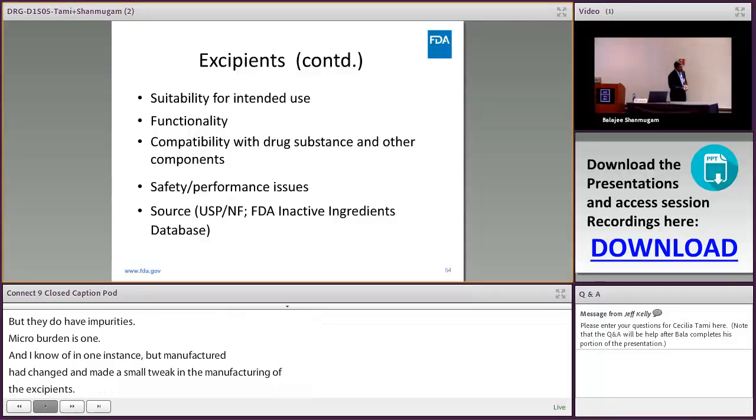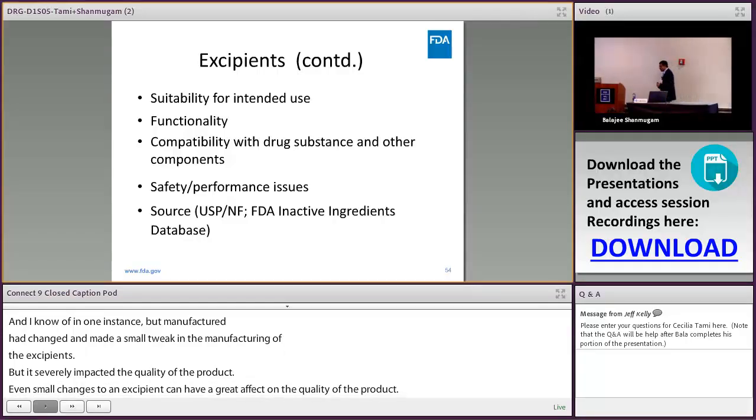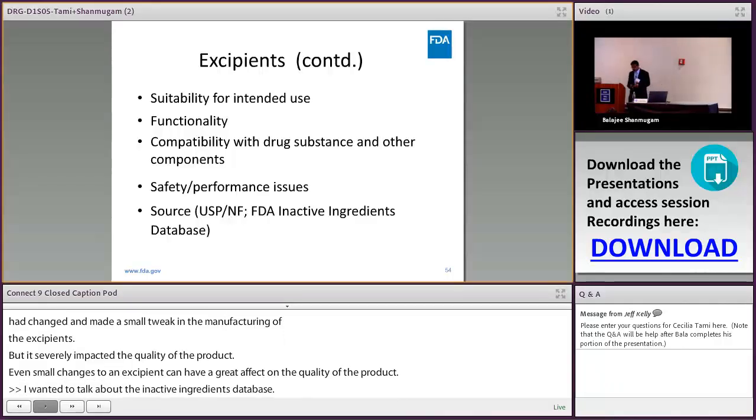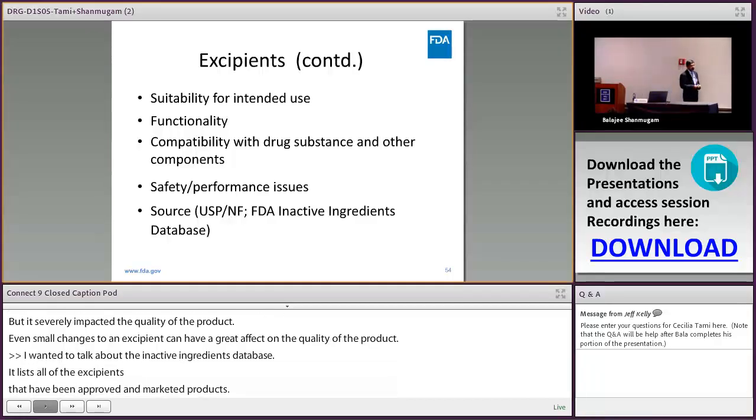One thing I want to point out here is the inactive ingredients database, on the FDA website. It's pretty useful. It lists all the excipients that have been approved in the currently marketed products. Now, one thing to be aware of is that just because an excipient has been approved in a marketed product, there is also the route of administration.